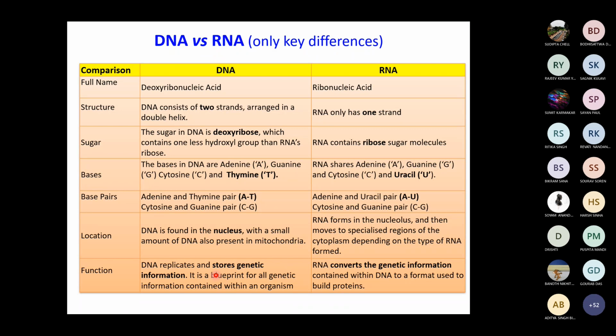RNA converts that genetic information of the DNA and forms proteins, which are the building blocks in any organism. What is bringing that information from the DNA and passing it on to the proteins? RNA is the intermediate, or the messenger. So that is the key difference between DNA and RNA.